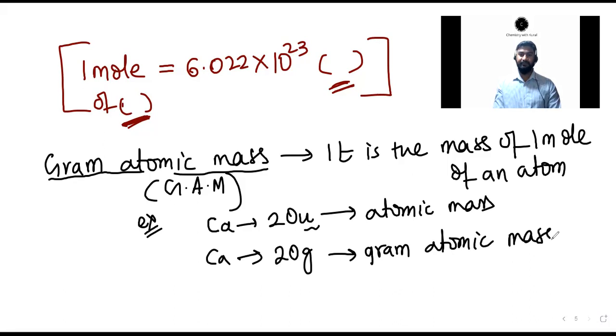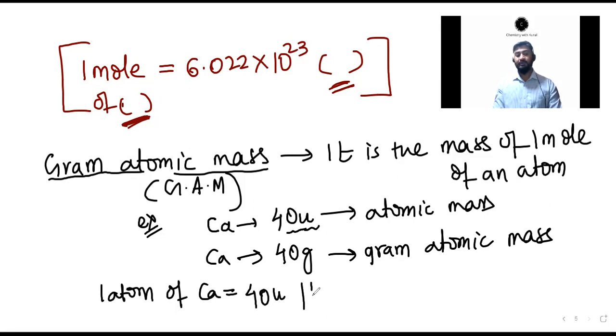Can I prove this? Of course. How? See, 1 atom of calcium has a mass of 40 U. Similarly, 1 mole will have a mass of 40 grams. So 1 atom of calcium is 40 U. So 1 mole of calcium atoms will be what? 1 mole of calcium atoms will be 40 U times Na, right?